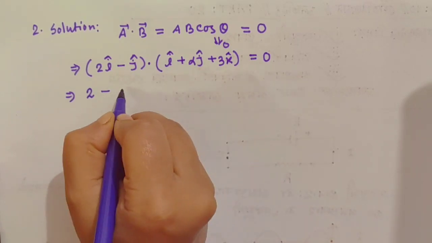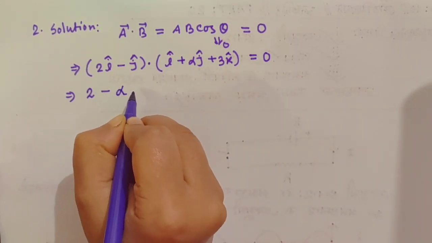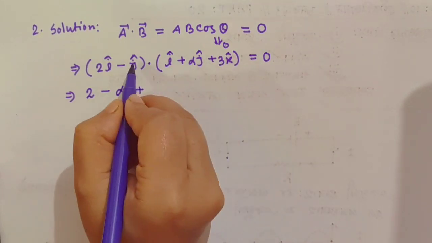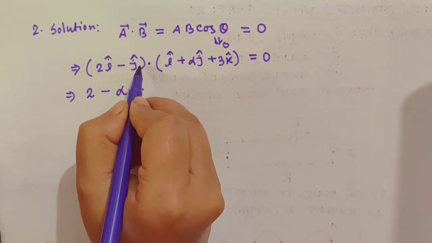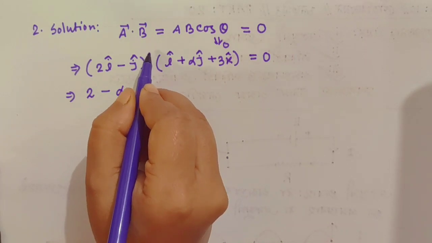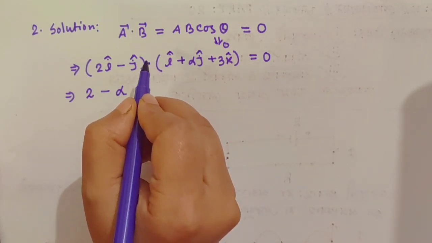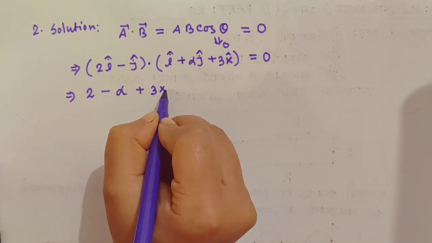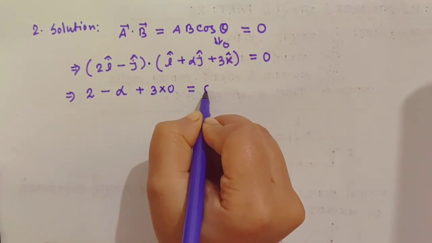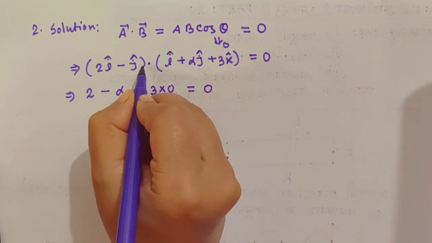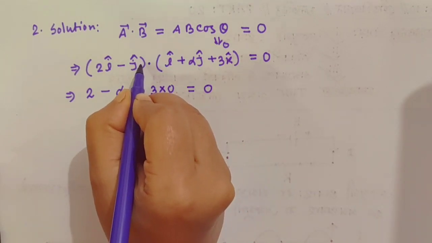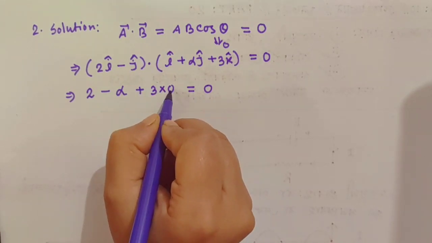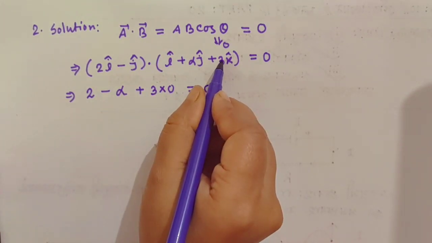So 1 into alpha means alpha, plus 3. There is no k term. Is there any k cap vector? No. So 0 into 3, so it's 3 into 0 is equal to 0. Why this 0? This 0 is for this A vector, because here no k component is present. That's why we can write 0. And from here we find 3.